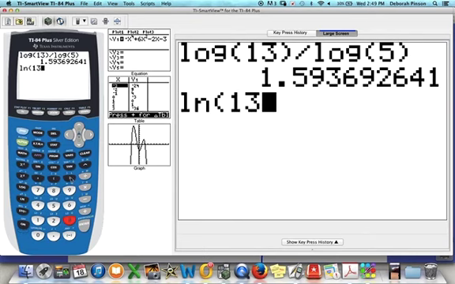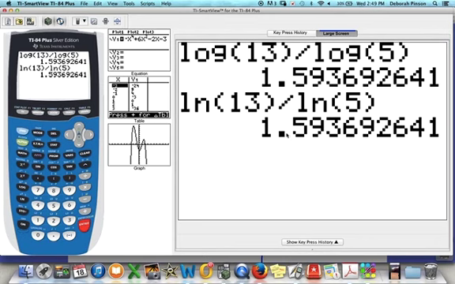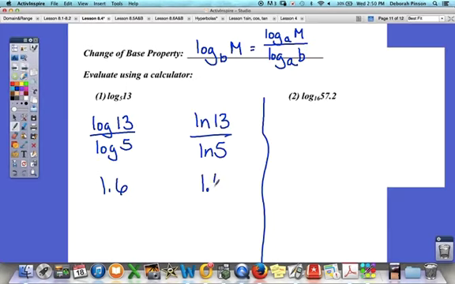Natural log of 13 divided by natural log of 5. Ooh, exact same number. See how you can use either of these? It doesn't matter, it's your choice. Pick one. Probably don't switch back and forth unless you're a weird math teacher like me. Pick one and kind of stick with it.